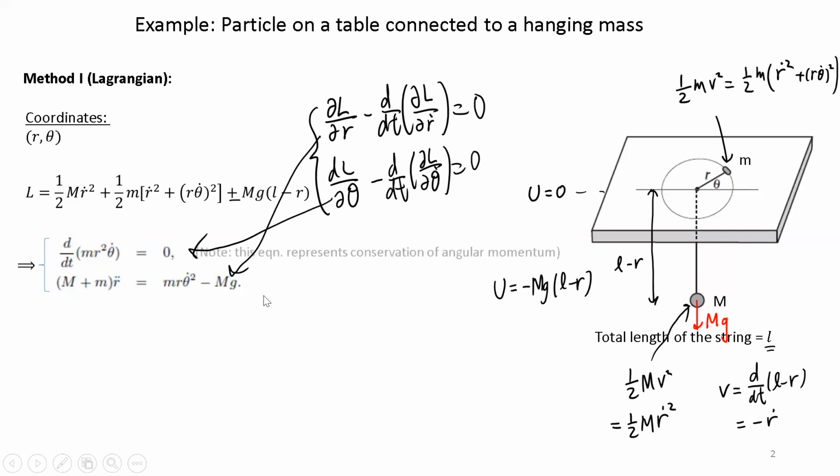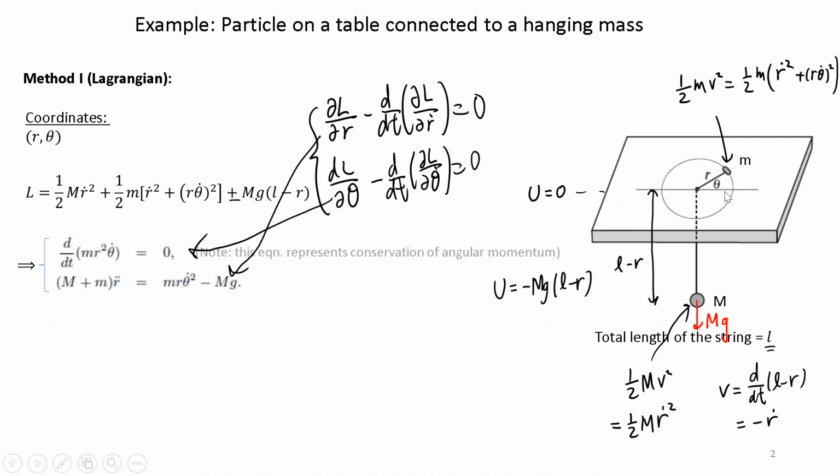If you look at the first equation over here, this is equivalent to the conservation of angular momentum for the small mass. The angular momentum is m r squared omega for this small mass, so d/dt of m r squared omega is 0.